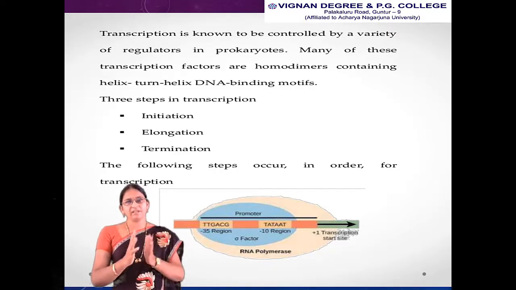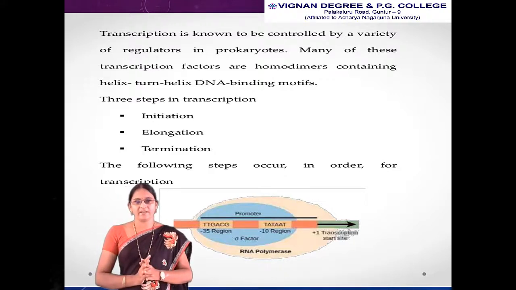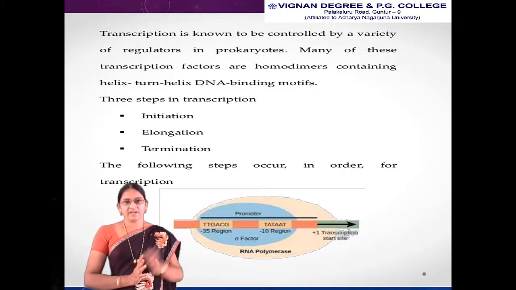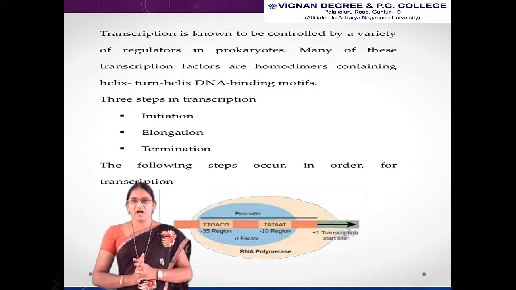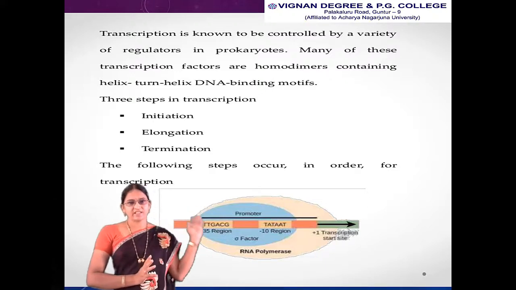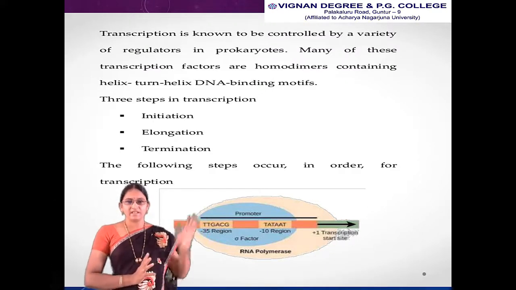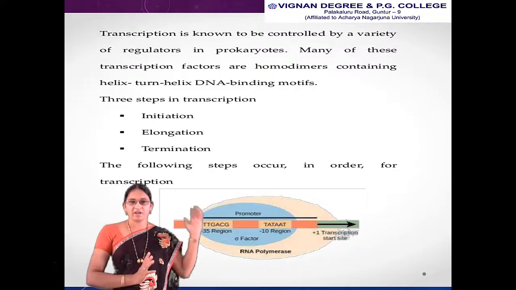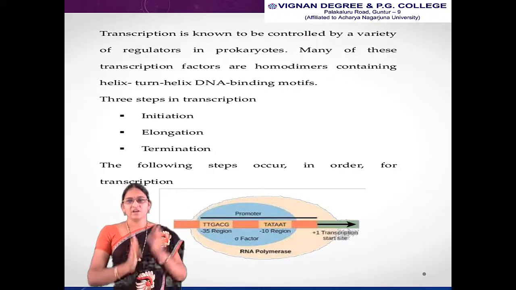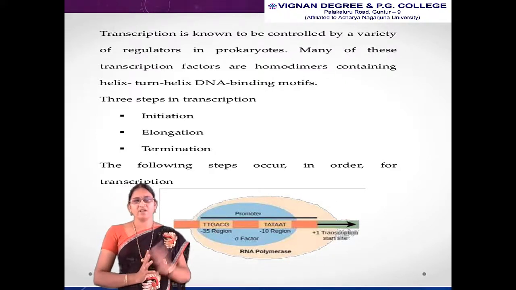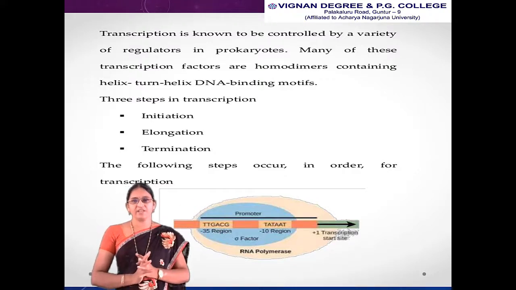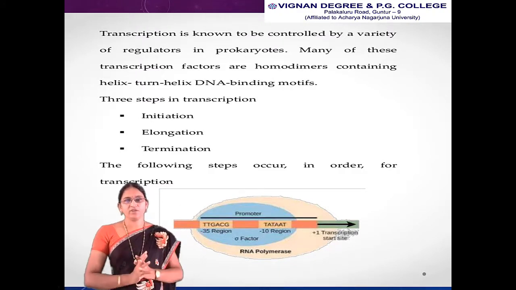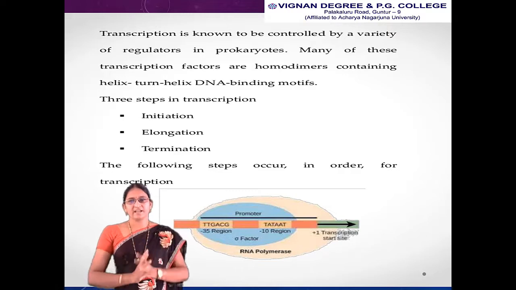They have the ability to bind to the DNA. See here, the three stages are again initiation, elongation and termination. Here you can see the picture, that is DNA occupied by RNA polymerase. This RNA polymerase occupies 60 base pairs length of the DNA molecule and it allows the transcription.